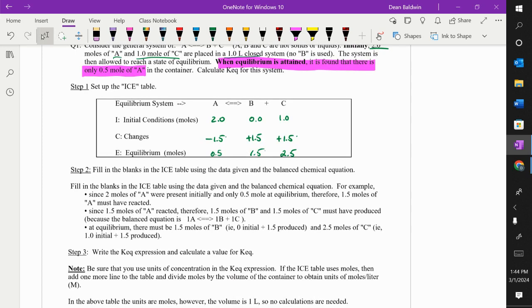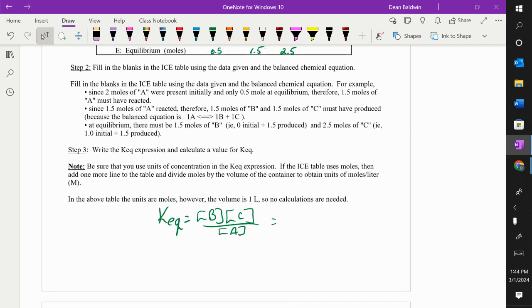Moles per liter is concentration, so if you're in a 1 liter container, the moles is the concentration. So we can just use those numbers directly. B is 1.5, C is 2.5, and A is 0.5. So you plug that into your expression and you get 7.5.